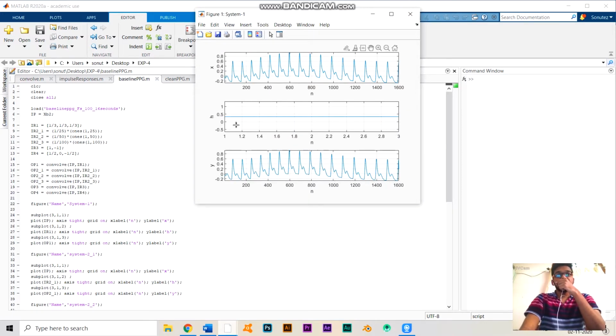And this is the input signal. This is the impulse response of the first system, and this is the convoluted signal.